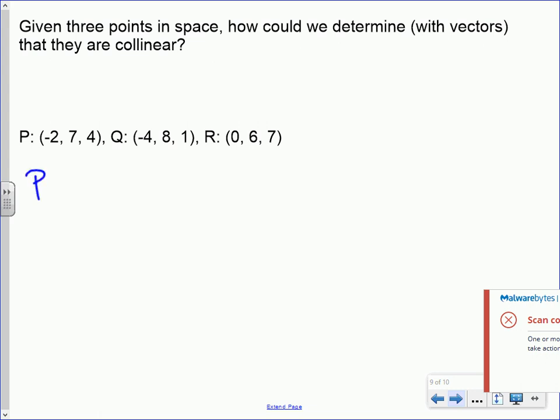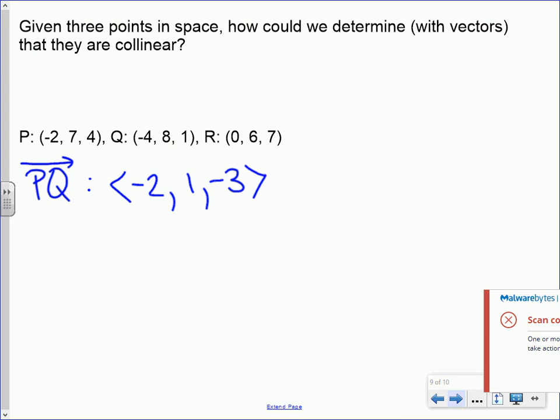PQ sounds great. Okay, and remember, terminal minus initial. So if we're creating PQ, we're going to have -4 minus -2, 8 minus 7, and 1 minus 4. How do you know which one's terminal? Well, if I named it PQ, Q would be the terminal, P would be the initial. Okay.